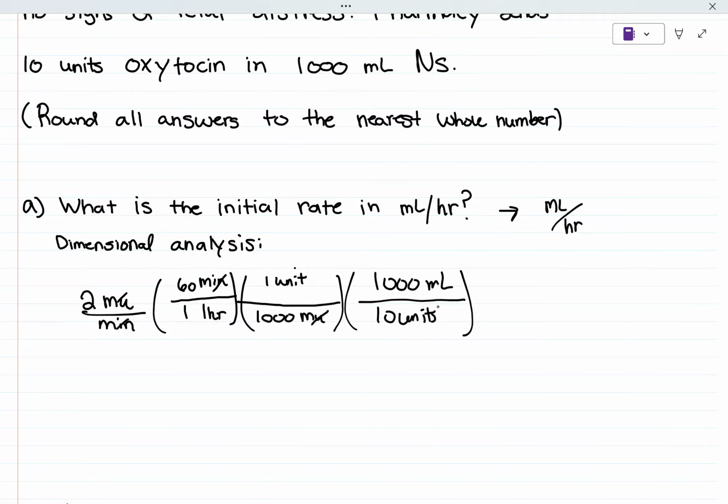So 10 units is 1,000 milliliters. As you can see, the units disappear, and on the top you're left with milliliters and on the bottom you're left with hours. If you recall multiplying fractions, you multiply across: 2 times 60 times 1 times 1,000.